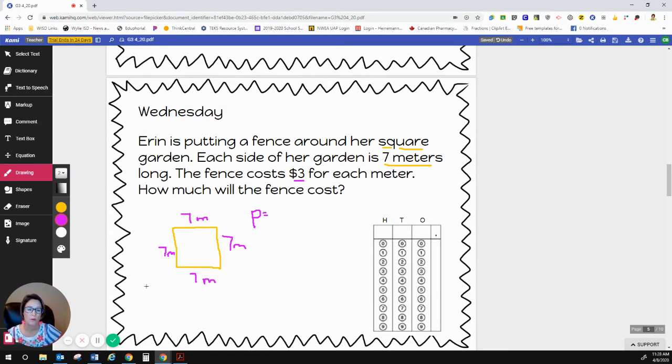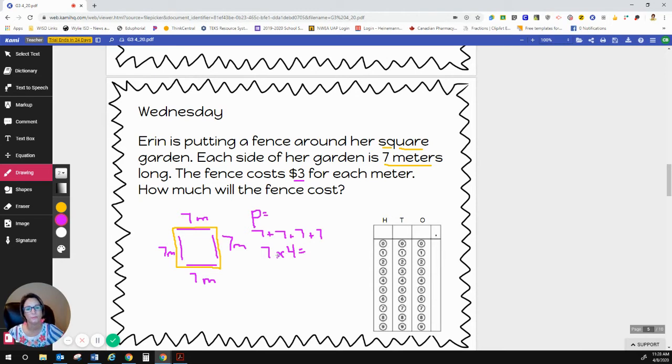Okay, remember when we find perimeter, we're adding up all the sides. So we would take 7 plus 7 plus 7 plus 7. We did that 4 times, 1 for each side. It's the same as saying 7 times 4.